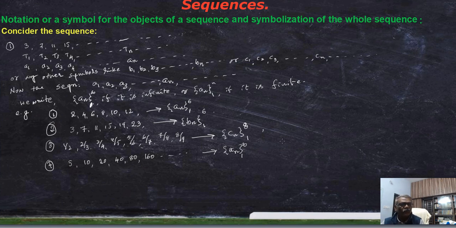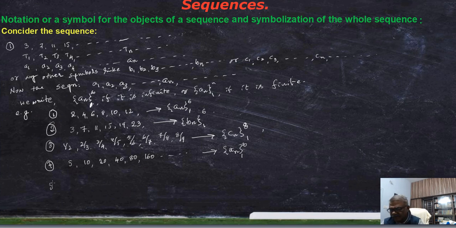This way we can write down the sequence in terms of a symbol like An 1 to 6, Bn 1 to 6, Cn 1 to 8, and xn 1 to infinity.